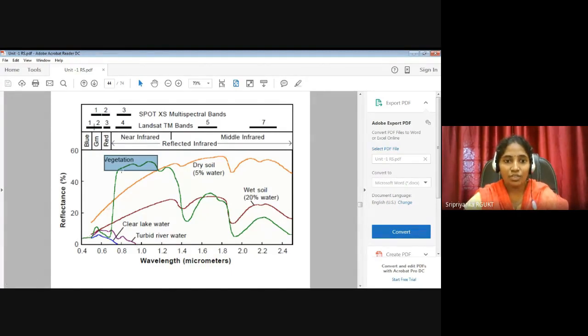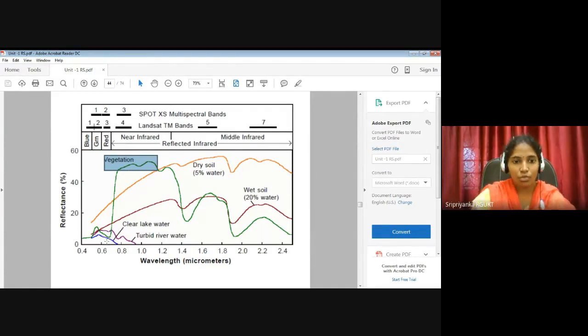Next, if you see the vegetation, just now we understood that we will see a small peak by green, and next to that a high peak comes into picture, which is from your infrared radiation, right?